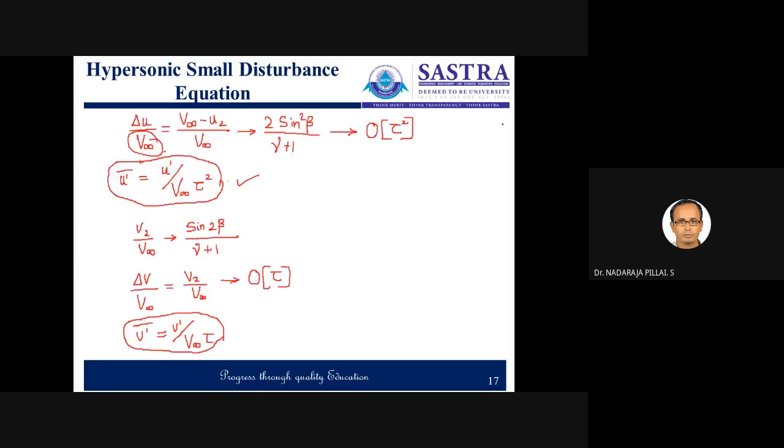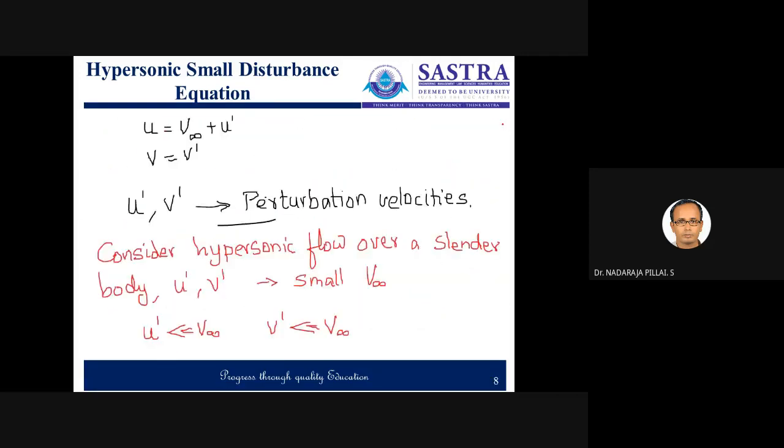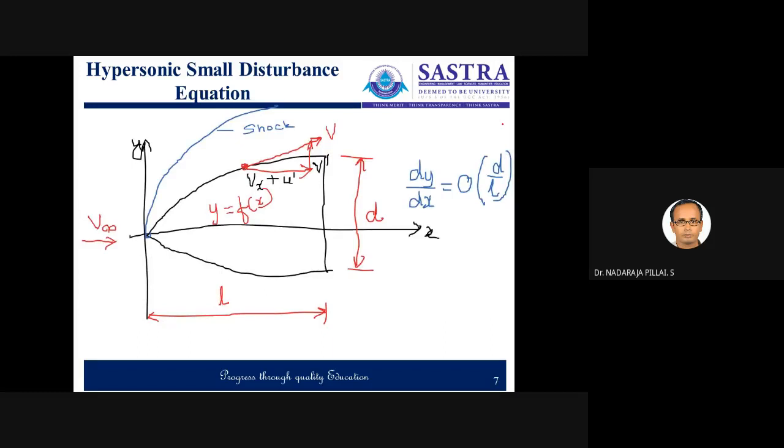It is so small that, with this a d and this l, tau will always be less than unity.